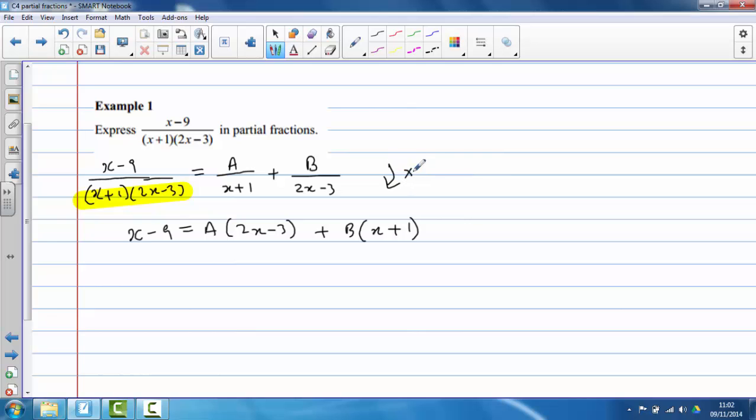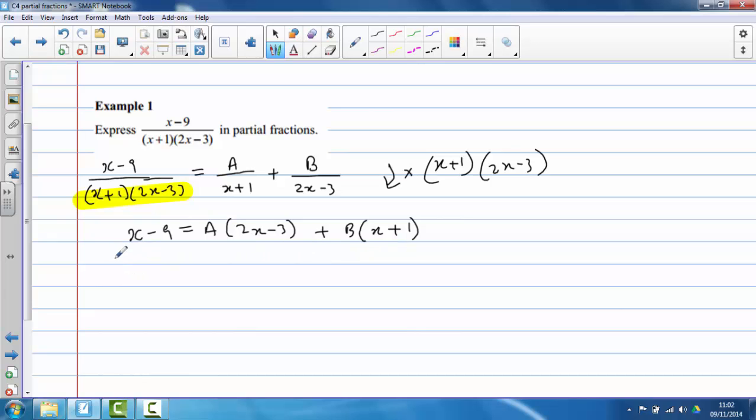So that's having multiplied top and bottom by x plus 1 times 2x take away 3, and then the x plus 1 here cancels, and the 2x minus 3 cancels, and so we have that.